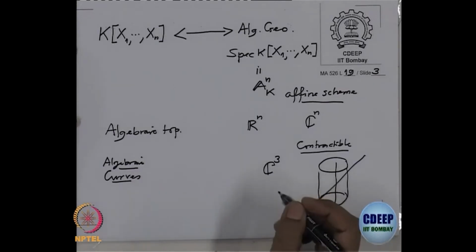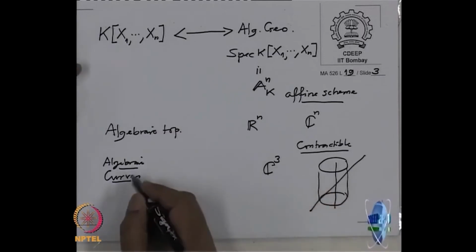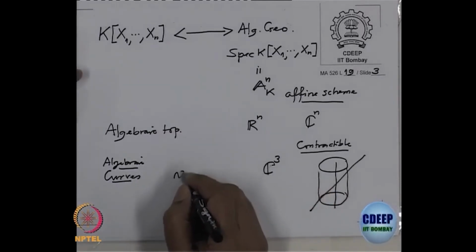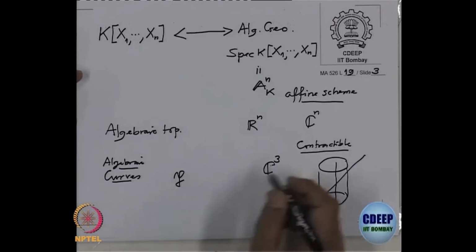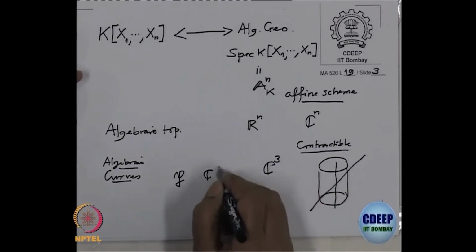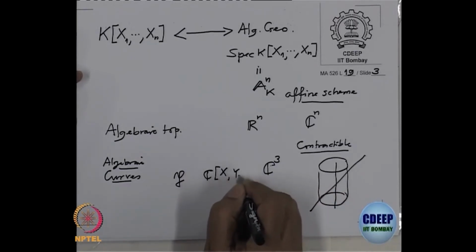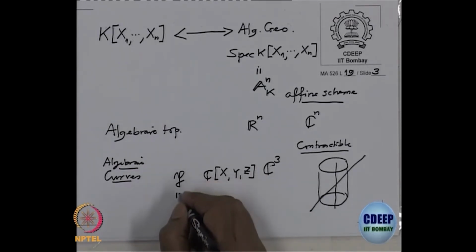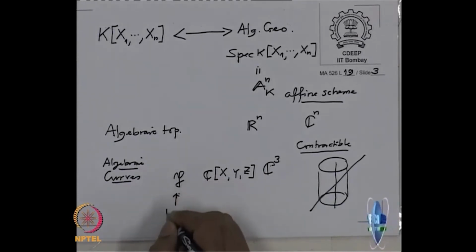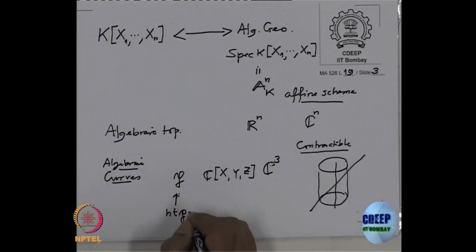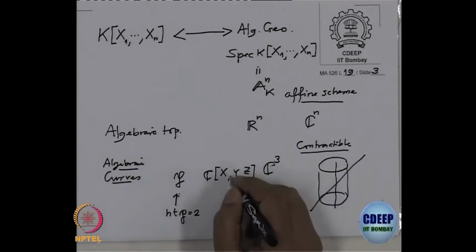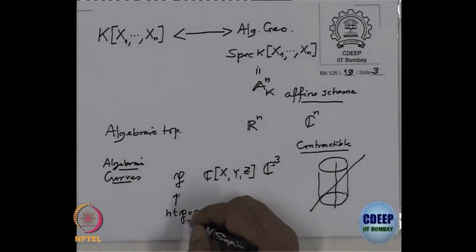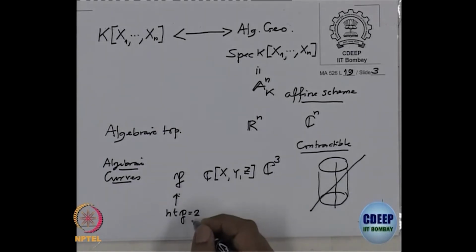The question is whether they are defined by 2 equations. If you say irreducible curves, they will correspond to the prime ideals P in the polynomial ring in 3 variables, and they will have height 2, because the dimension of C[x,y,z]/P should be 1, because they are curves.